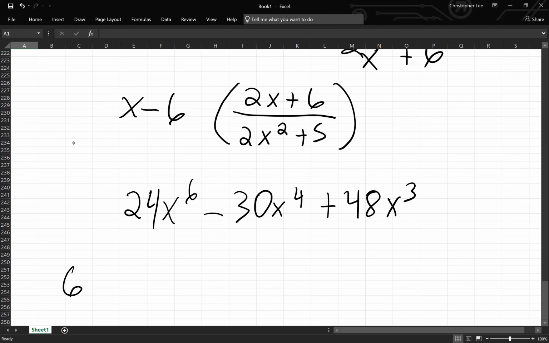What else? 4x. But before we get to that, 6x to the what power? 3, right? We always take the smallest power. So now you can divide each one by 6x cubed.